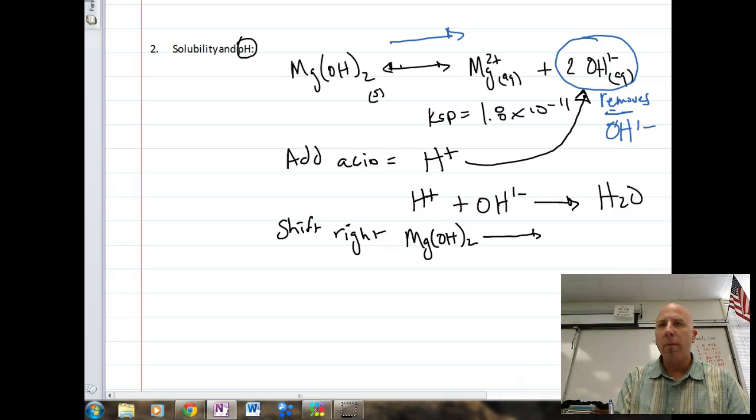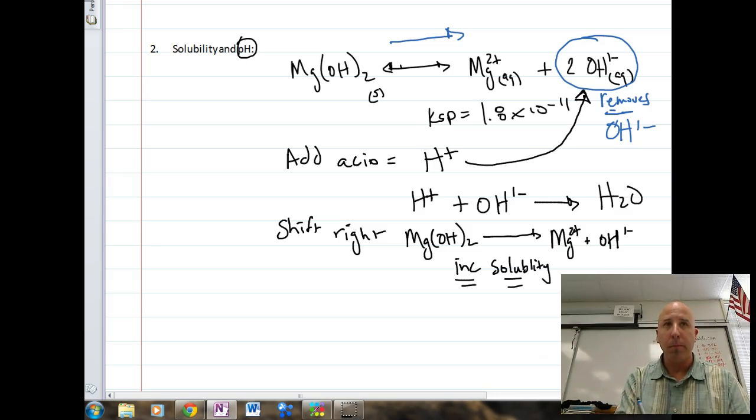We would say more of this will dissolve to form more of the magnesium ion, and it's going to form more of the hydroxide as well. So we're shifting this to the right. By having a right shift, as we mentioned earlier, that would increase the solubility of magnesium hydroxide by adding an acid.